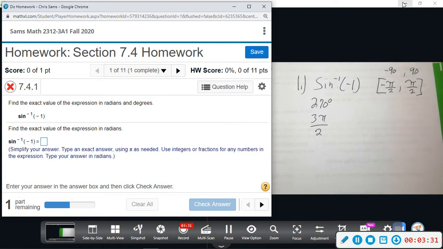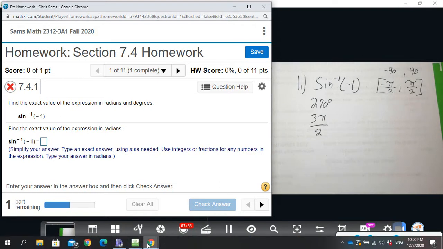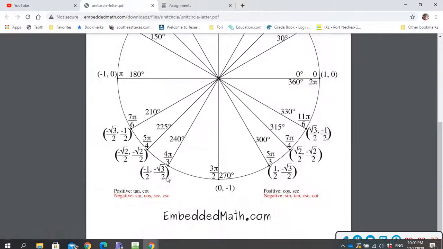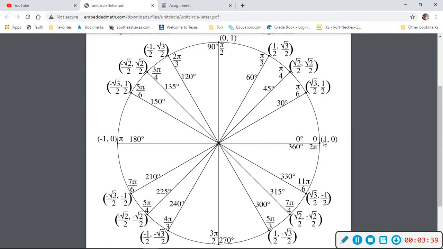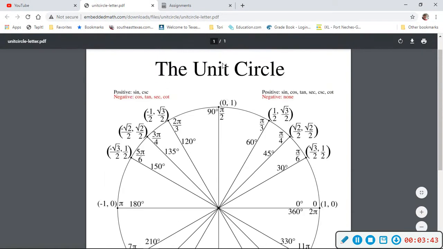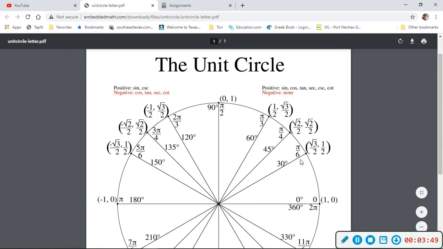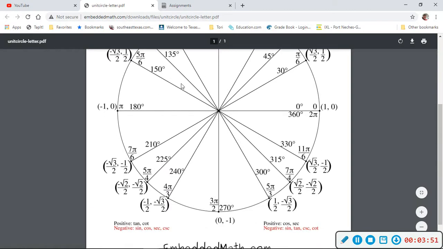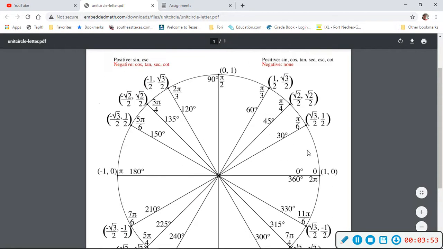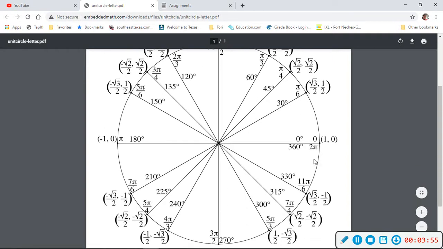Alright, so let me go back to this circle one more time and give you a visual. What is this restriction? So if you look at starting here, you start at 0, going all the way up to the vertical line. This is pi over 2. That's 90 degrees. So it's saying from here up, and then if you were to go backwards instead of going clockwise all the way around, if you start at 0 and go backwards, this area down here would represent negative pi over 2.